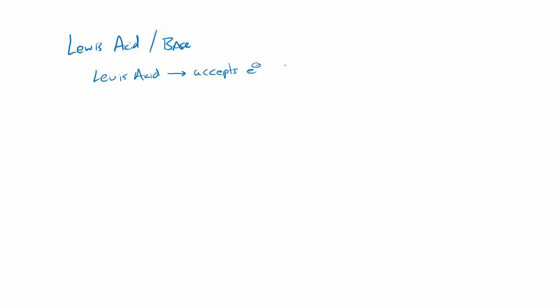This means that this is where arrows end. When we draw our arrows, they point to where the electrons end up, so that's what accepts the electrons. Whenever we draw a mechanism or the flow of electrons in a reaction, our arrows are always going to point toward the acid.